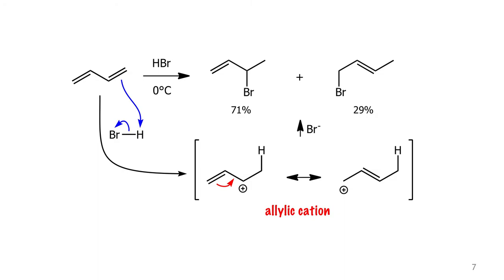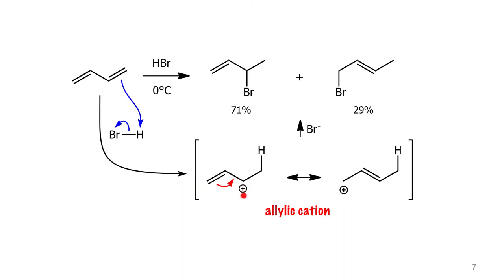If we evaluate the separate structures by themselves, looking at this structure, it is a secondary carbocation, but the other structure by itself is a primary carbocation. So based on relative carbocation stability, one would conclude that the structure with the positive charge on the secondary carbon is a greater contributor to our hybrid picture of the two.